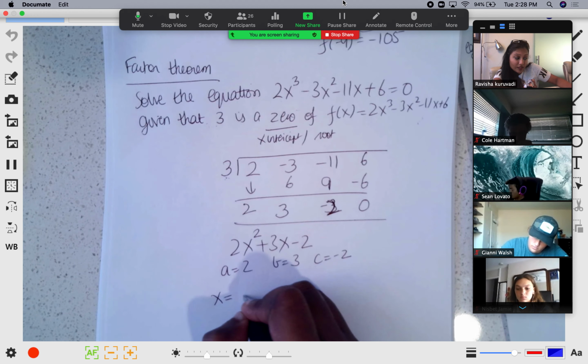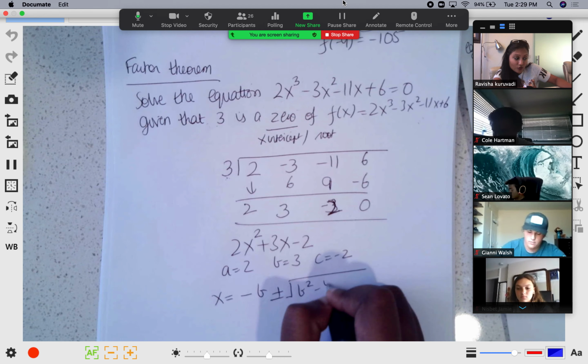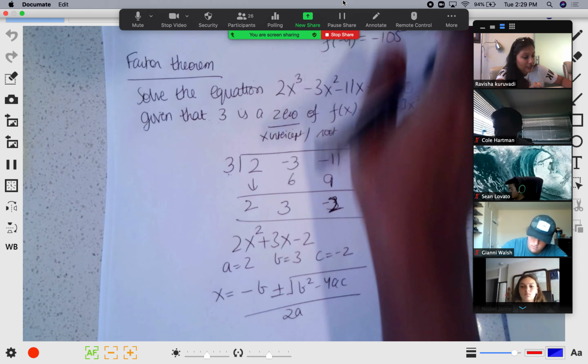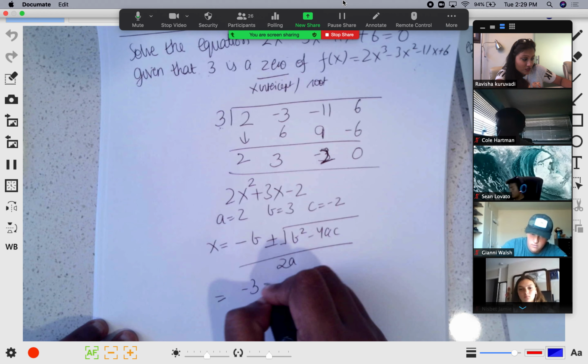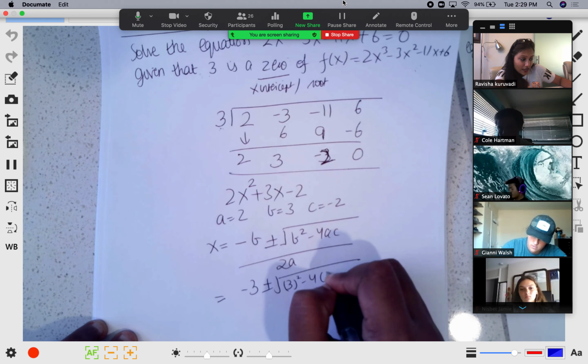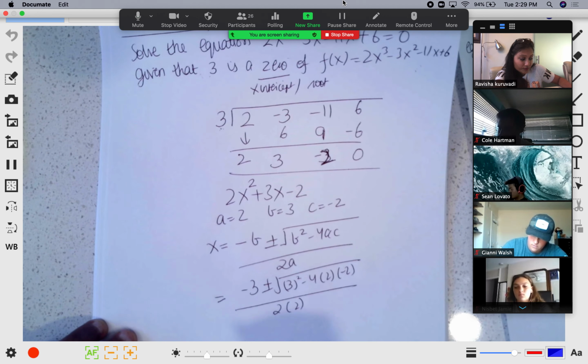You get -b plus minus square root of b squared minus 4ac over 2a. You get -3 plus minus square root of 3 squared minus 4ac over 2 times 2. Let's see what you get.